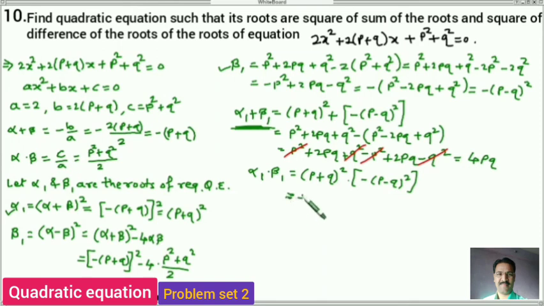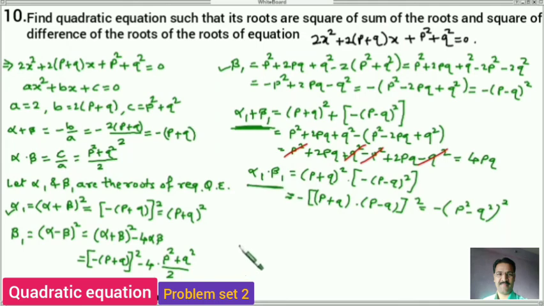In the next bracket, we'll write P plus Q into P minus Q. Both having squares here, so I'll write bracket square. That means we'll get minus in bracket P square minus Q square, but remember here it is square. This is alpha 1 into beta 1.